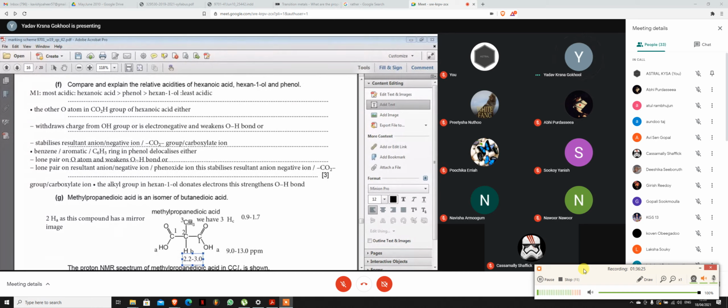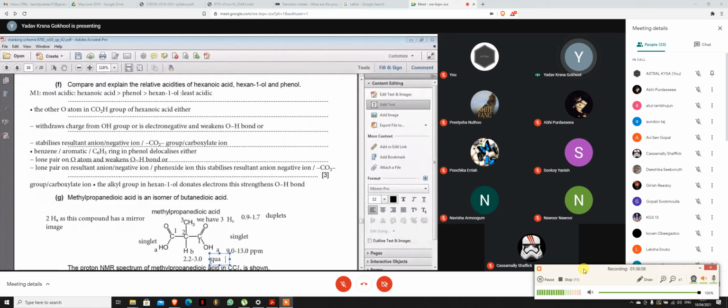Now, these three hydrogens are attached to a carbon which has got one hydrogen. So these ones should be doublets. These ones, nothing there, so singlets. Singlet. Singlet. This one has got a hydrogen, so I said doublet. This one has got three hydrogens.